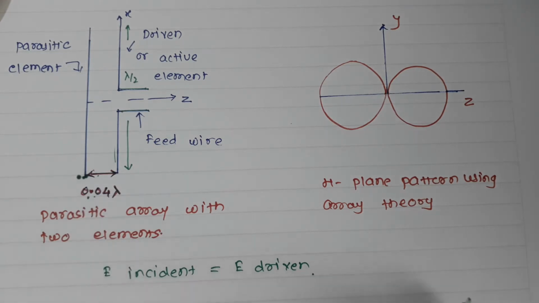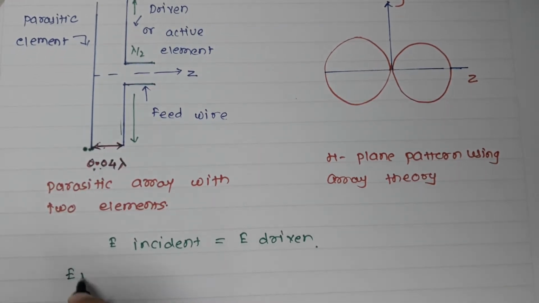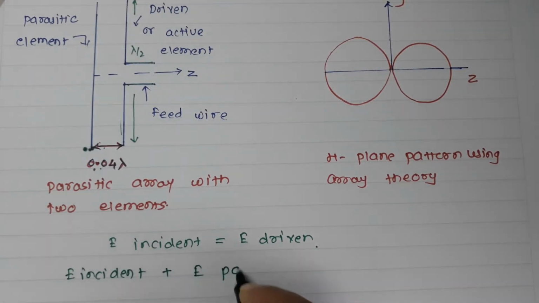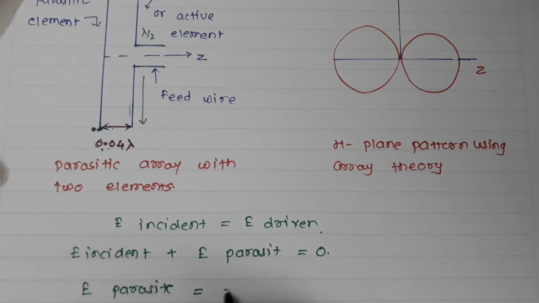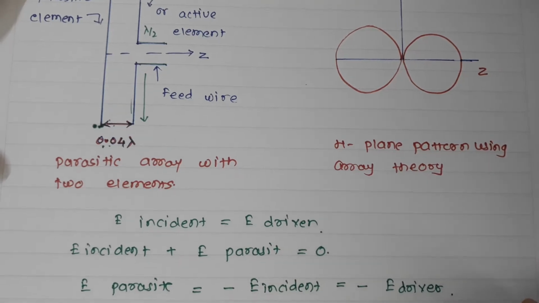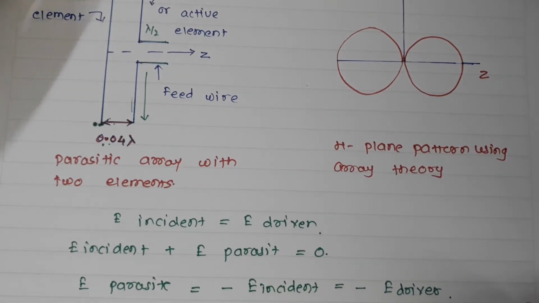That is, E incident plus E parasite is equal to 0. Now E parasite will be equal to minus E incident, which is equal to minus E driver.